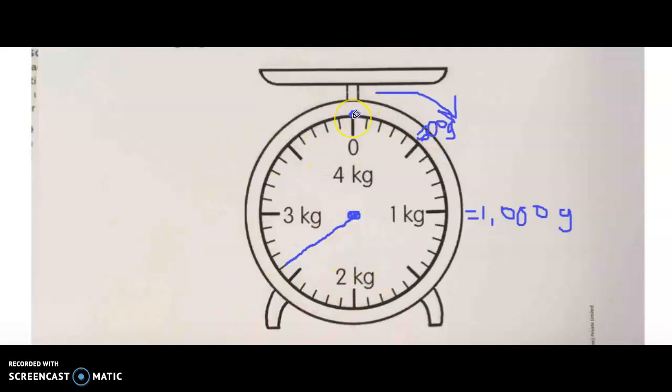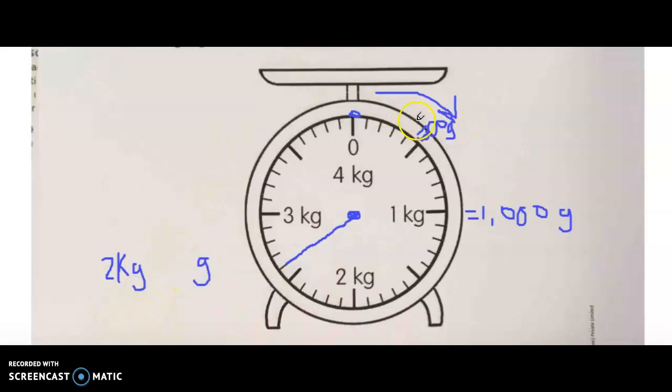Okay, so again, starting point is here, we are going around. So if it was here, we've already passed 1 kilogram. We keep going, we've passed 2 kilograms now, and we are here. So we know it is definitely 2 kilograms. We now just have to figure out how many grams.